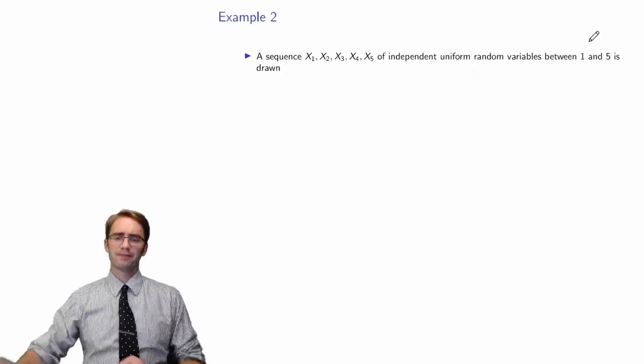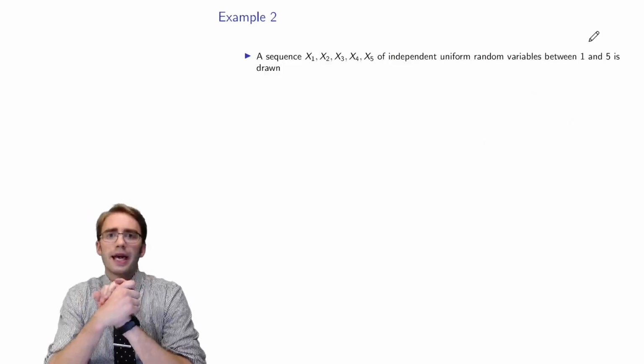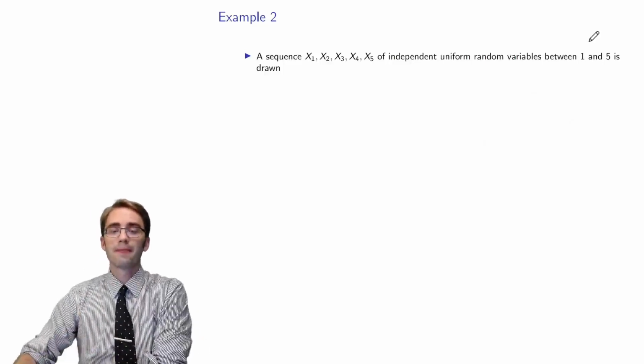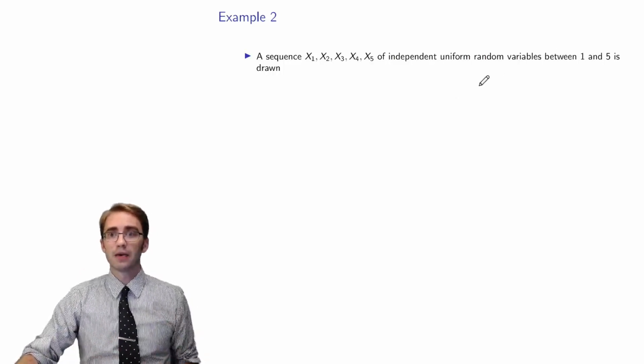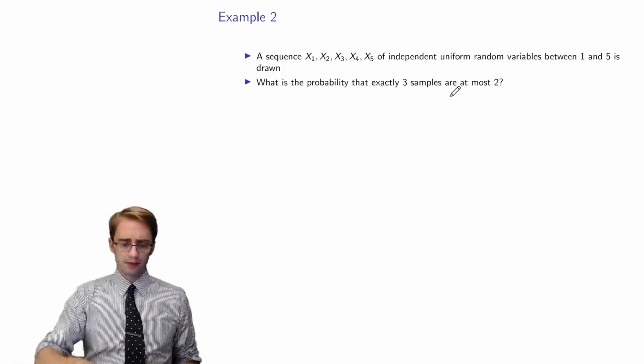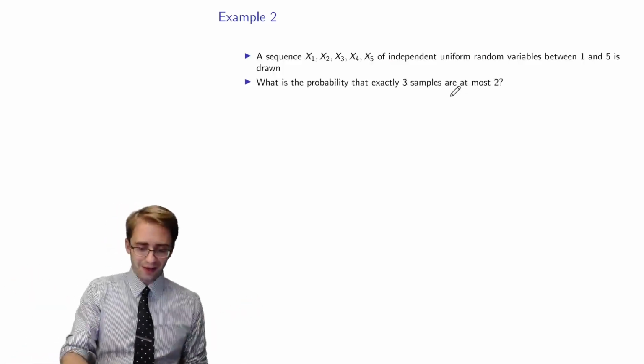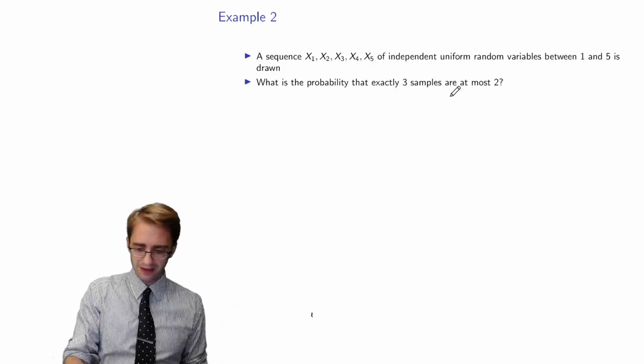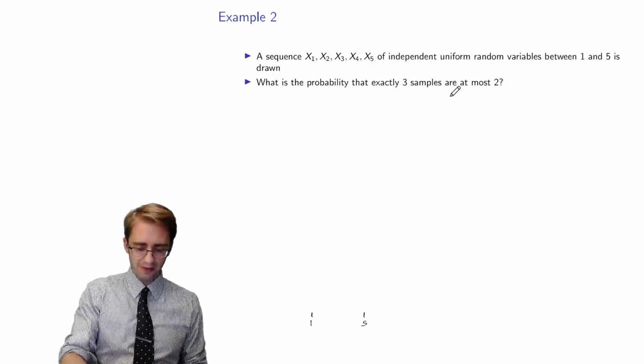Let's do another example here. You've got a sequence, x1 through x5, of independent uniform random variables, and each one of these samples is between 1 and 5. So let's draw the PDF just for fun. Here's 1, and here's 5. What does that PDF look like?